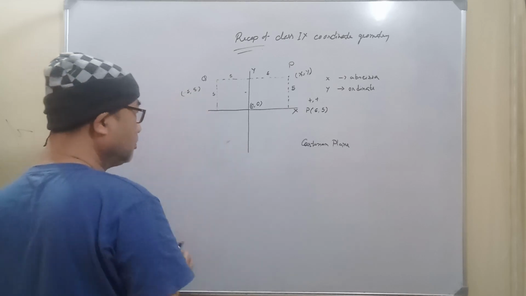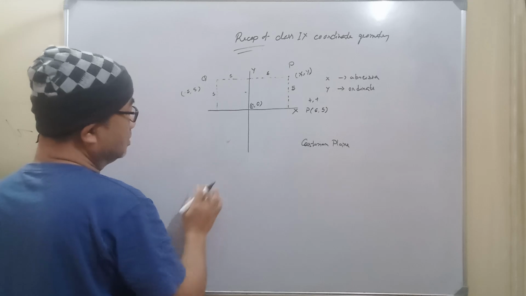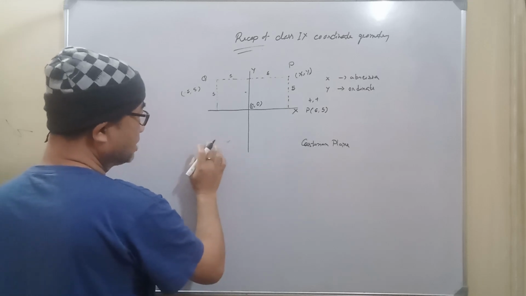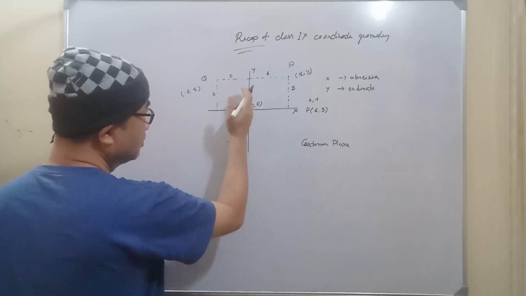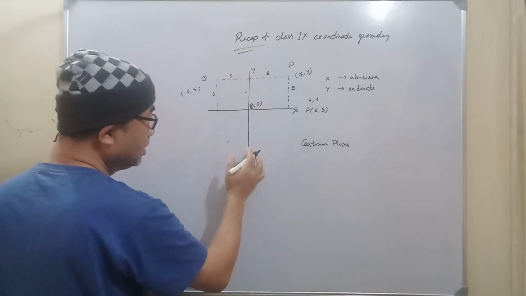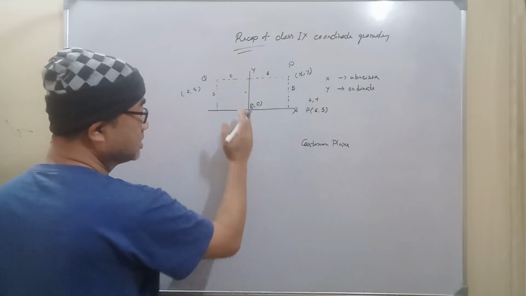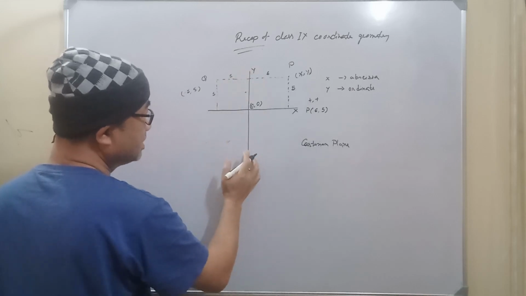Okay, and here the values of x coordinate will be negative, because it is on the left of the origin or left of the y-axis, towards the left. This is the origin, this is the y-axis.